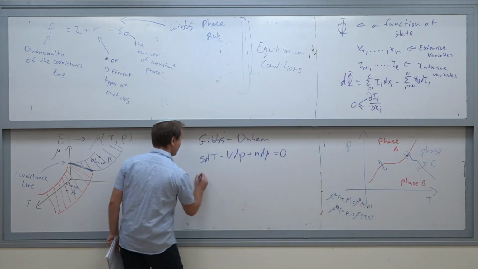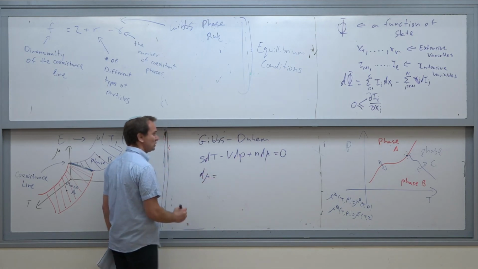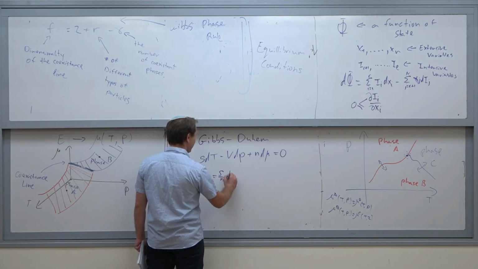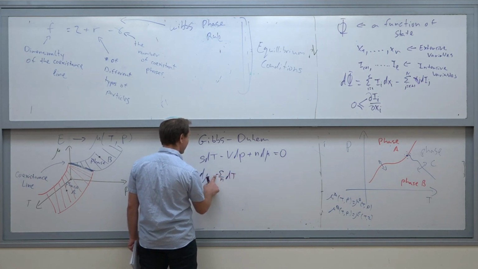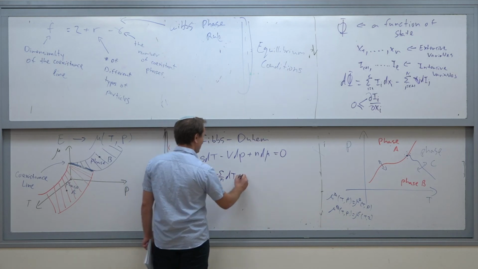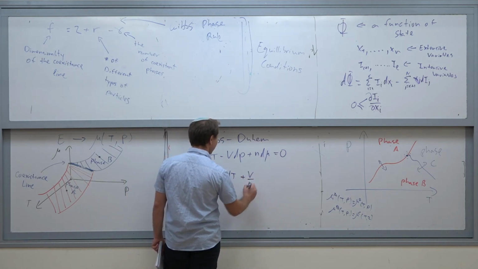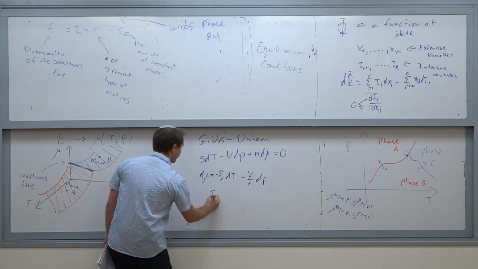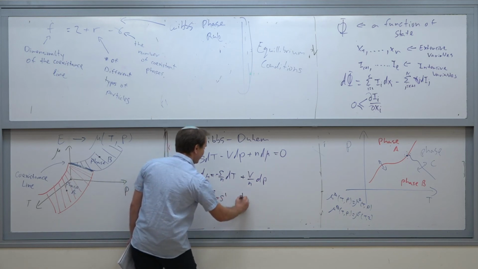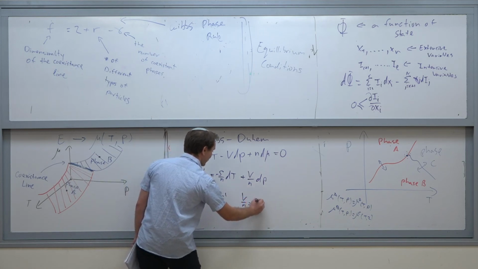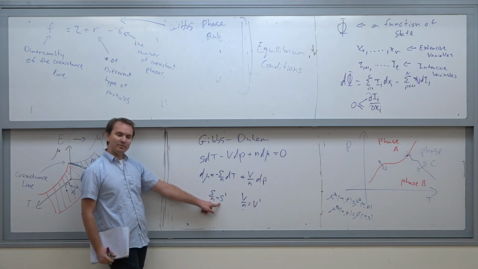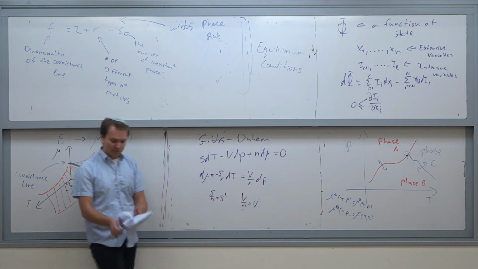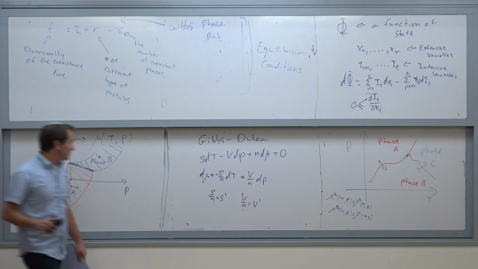So from this equation we can obtain the differential of mu: d mu equals minus S divided by N dT plus V divided by N dP. Let's write S over N as S prime and V over N as V prime. So S prime is the entropy per mole, and V prime is the volume per mole. Okay.